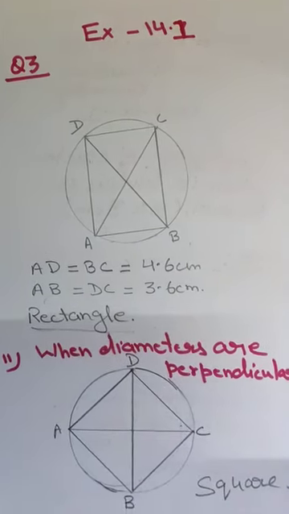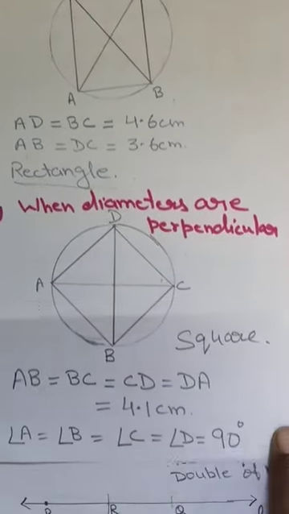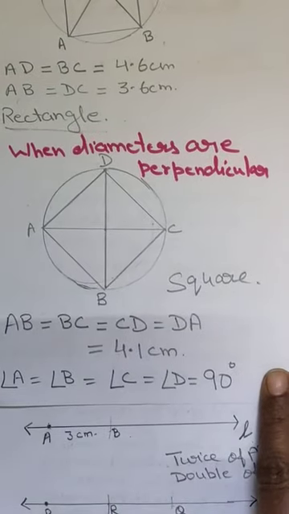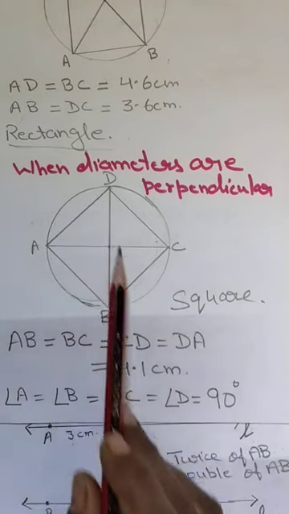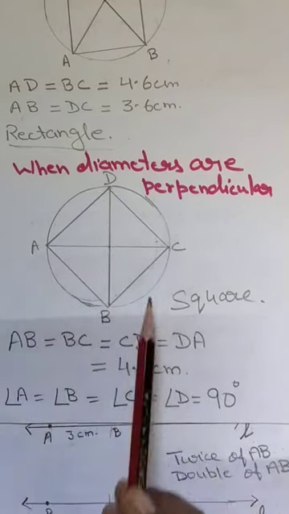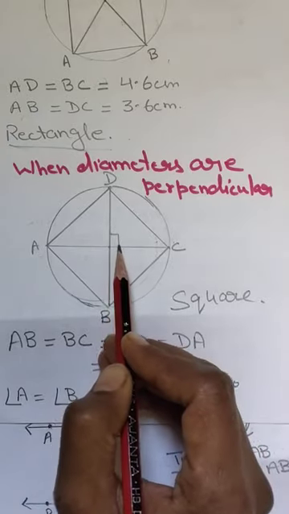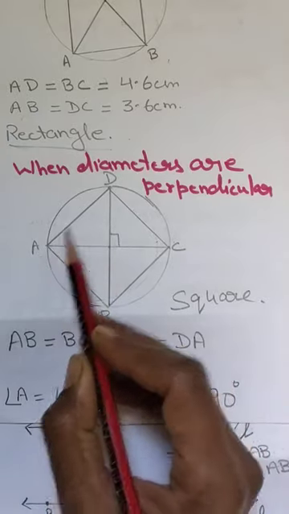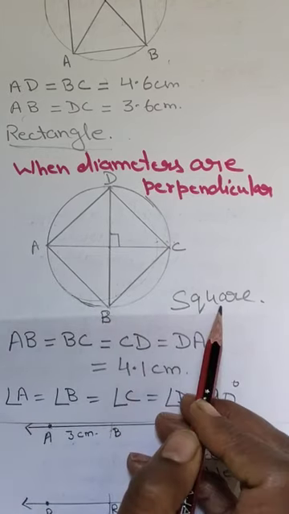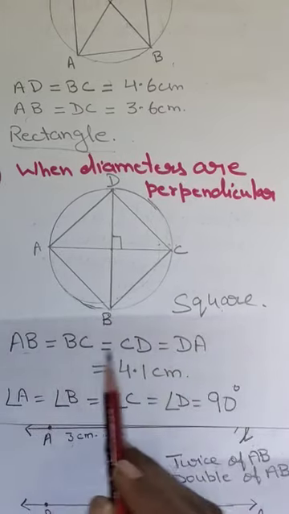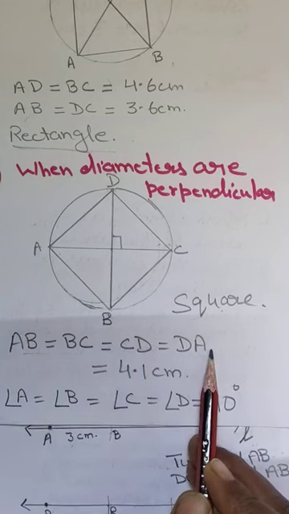And then it is asked in the same question that when diameters are perpendicular, which shape you will get. When diameters are perpendicular to each other, making a 90-degree angle, and we join the endpoints, we will get the shape of a square as all the sides are equal.